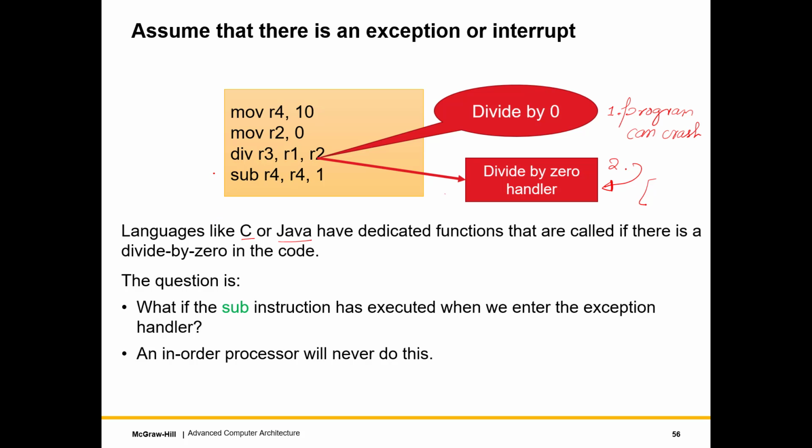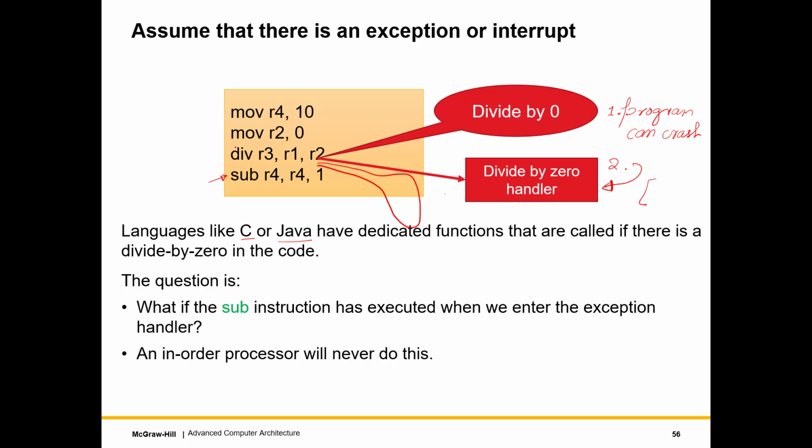The important question over here is that should the sub instruction, so let's say our exception handler is called over here, right? And let's assume it does something and then again it comes back. So at this point, when the exception handler is running, should the subtract instruction have completed?